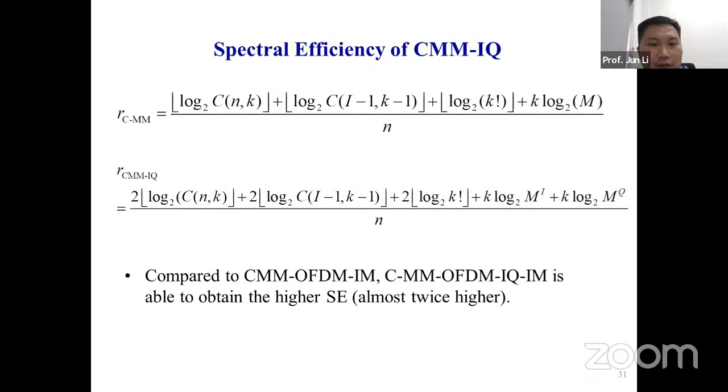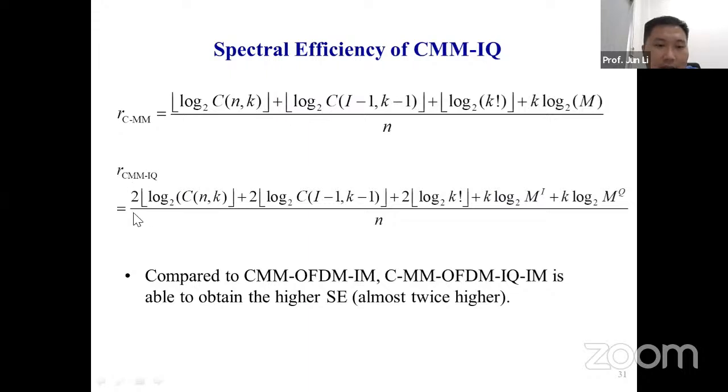Let's see the comparison of the spectral efficiencies. The first one is the spectral efficiency of composite multiple mode IM. We already know the contents of these four parts.